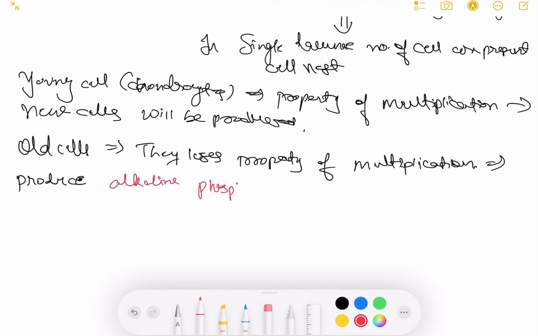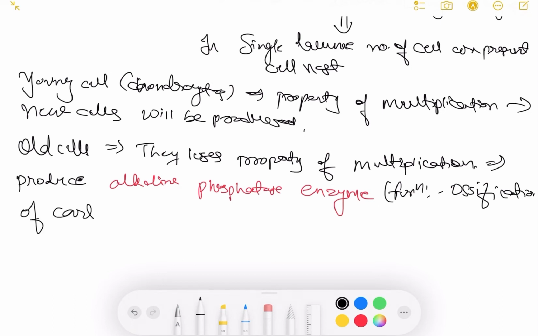Alkaline phosphatase enzyme will be produced, and what is the function of this enzyme? Ossification of cartilage.